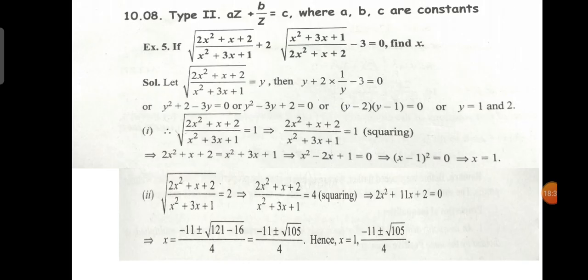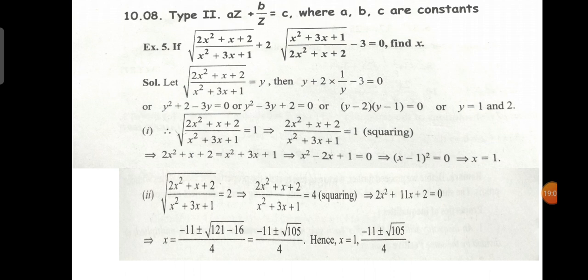Okay, and next type is az plus b by z equal to c, where a, b, c are constants. That is, root of (2x square plus x plus 2) by (x square plus 3x plus 1) plus 2 root of c, that bracket minus 3 equal to 0. You have to find x.